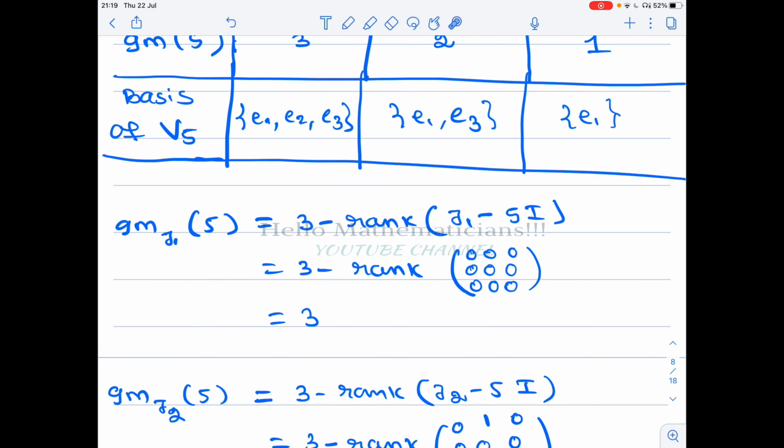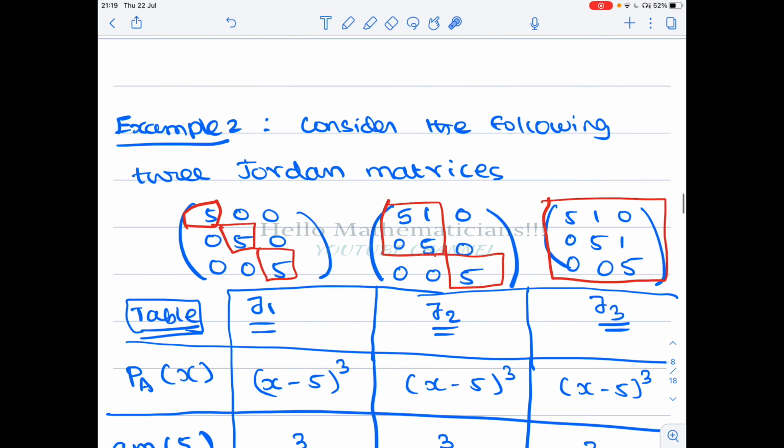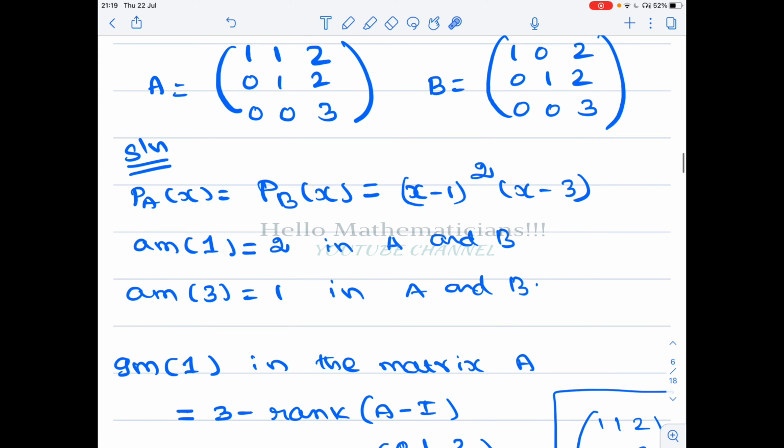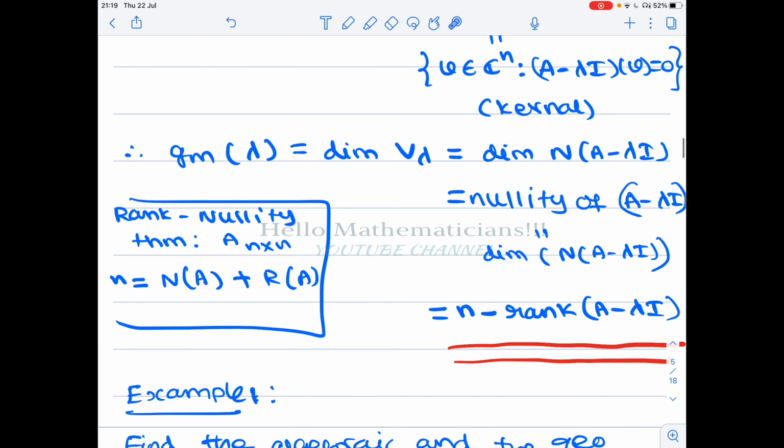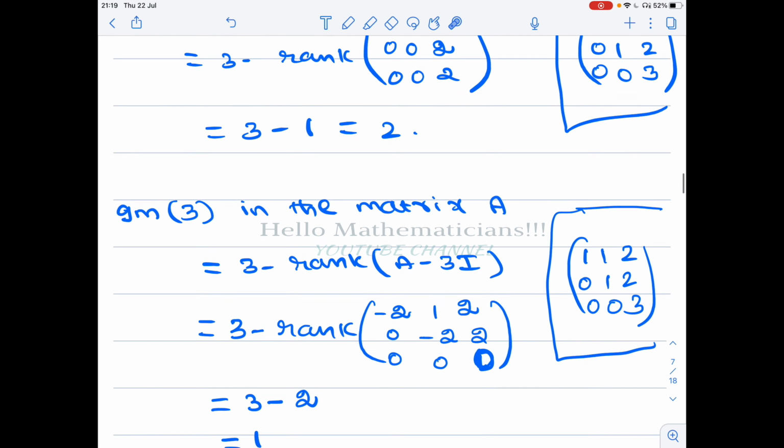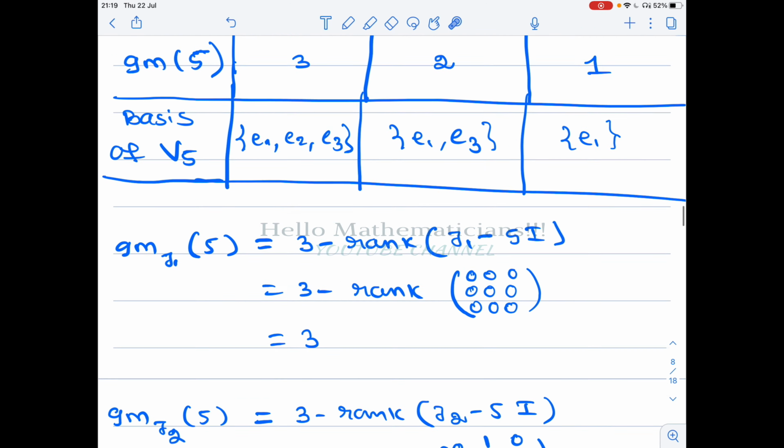Now I want to calculate the geometric multiplicity of J1. We proved the formula: if it is an n by n matrix, then the geometric multiplicity of lambda is n minus the rank of A minus lambda I. Now we are doing a 3 by 3 matrix.